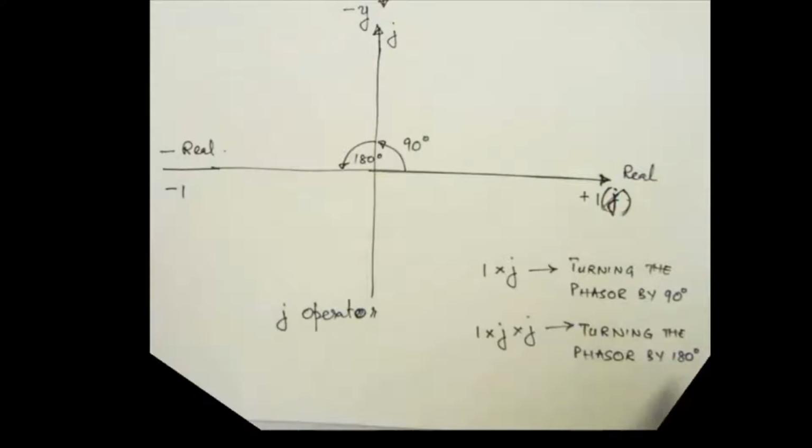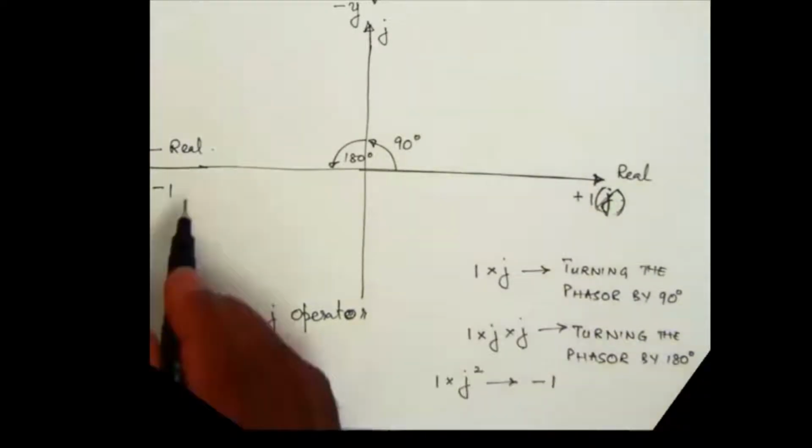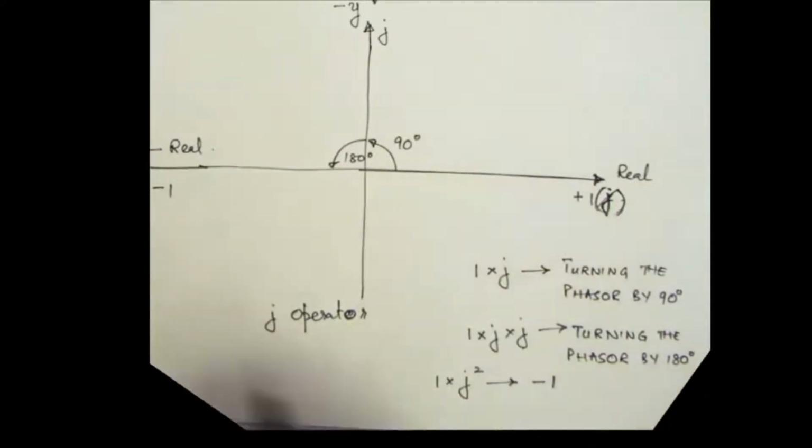So now j times j is j squared. So that means when you multiply this 1 by j squared, we see that we are getting negative 1. So that means j squared is equal to negative 1, and this gives us that j is equal to the square root of negative 1.